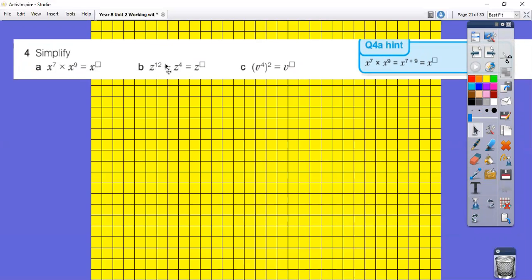Remember, you're subtracting the powers. Here you've got V to the power of 4 raised to the power of 2. Remember, what do you do when you raise one power by another power? Write the answer there. V to the power of what? It gives you the hint here of how to do it.